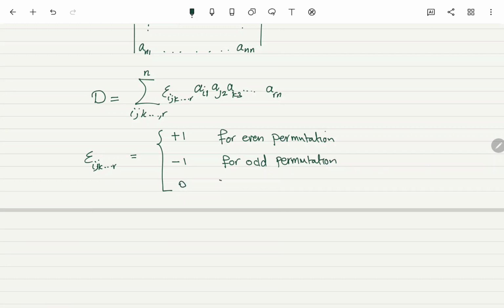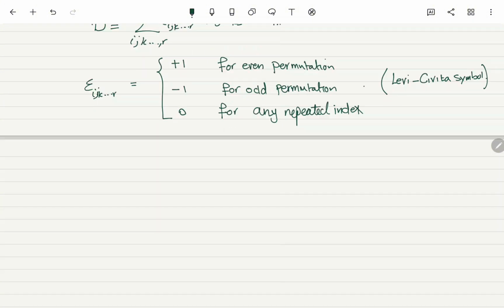And 0 for any repeated index. This epsilon here is known as the Levi-Civita symbol.